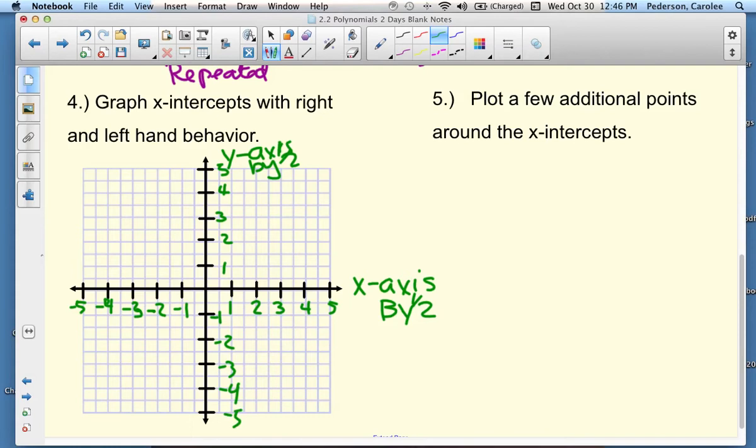All right, so we found an x-intercept right here of 0, 0. Remember, that crosses the x-axis. Then I found another x-intercept at 1.3. So that's about here.